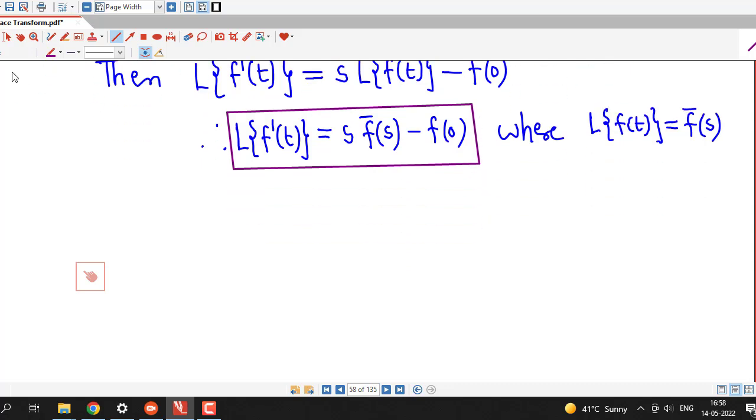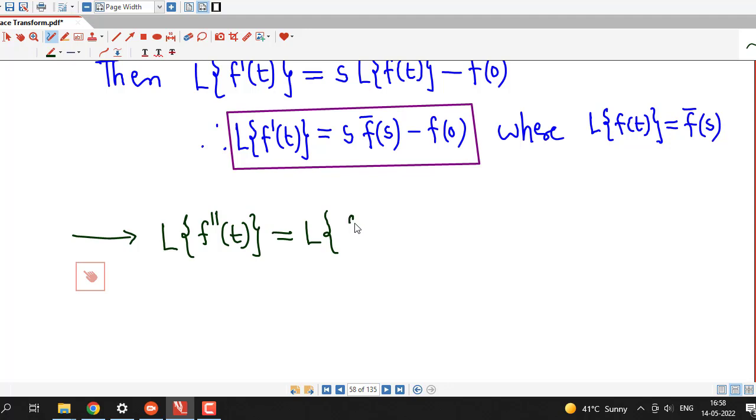Now using this formula we can derive the Laplace transform of second derivative also. Suppose I want to write down the formula for Laplace transform of second derivative, then we can rewrite this as Laplace transform of d by dt of f dash t, because we have second derivative.